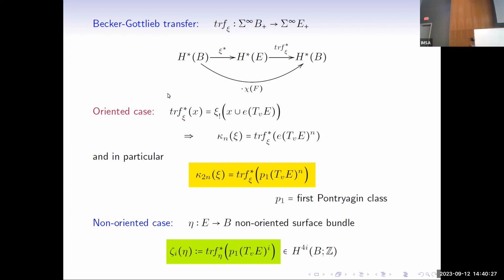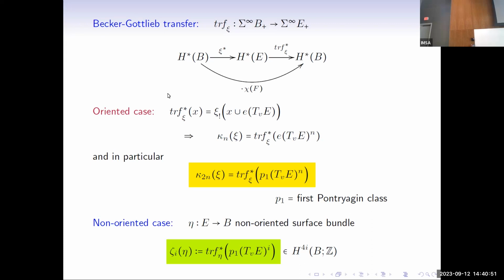right? So suppose that you have a non-orientable surface bundle. You can look at the vertical bundle again, look at the first Pontryagin class, and then take the i-th power and look at the map induced by the transfer in cohomology.